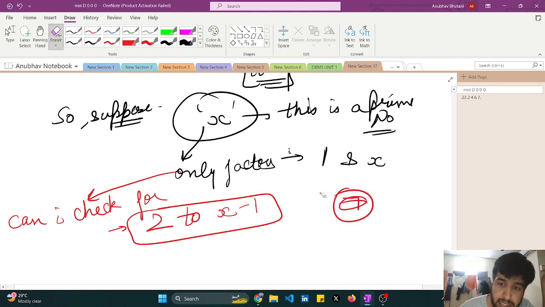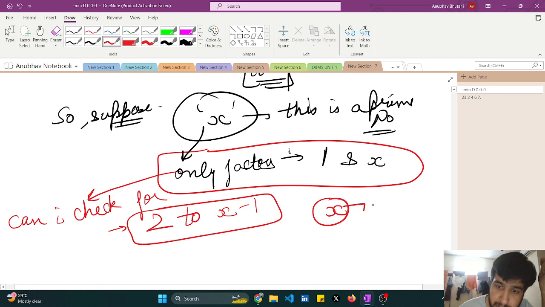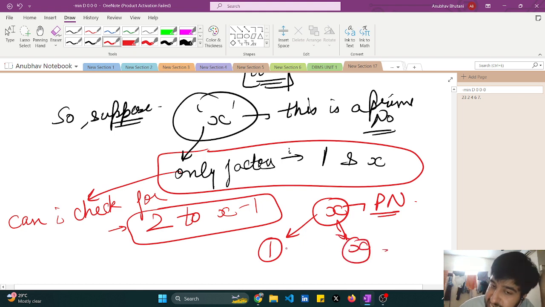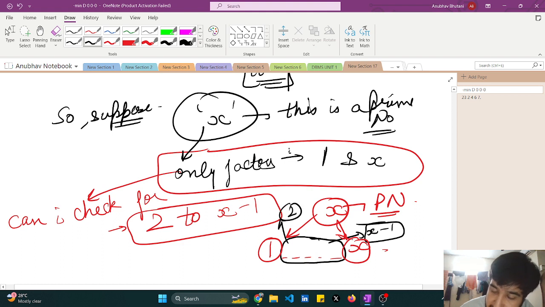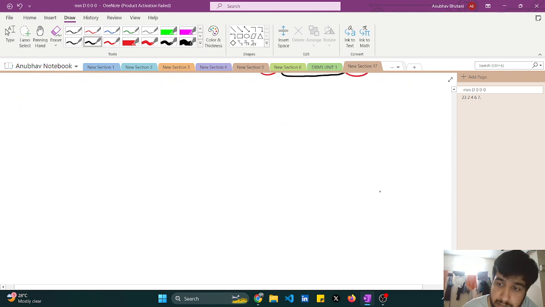Suppose I have defined my condition: x is a prime number only and only if it has 1 and x only as its factors. There is no number in between that is its factor. But if I start to check from the second number to the x minus 1th number, and I find that any of the numbers is dividing x, that means there are more than two factors for the number.